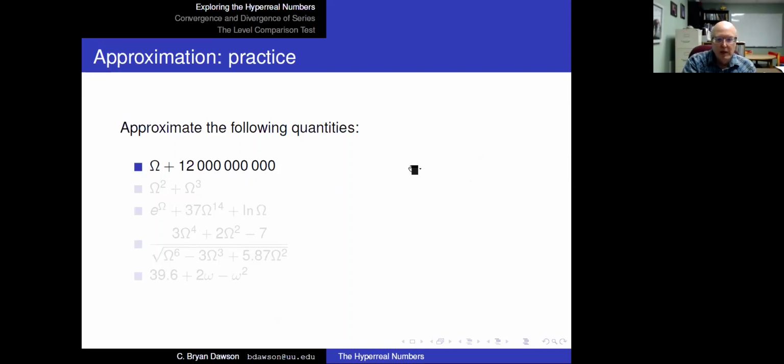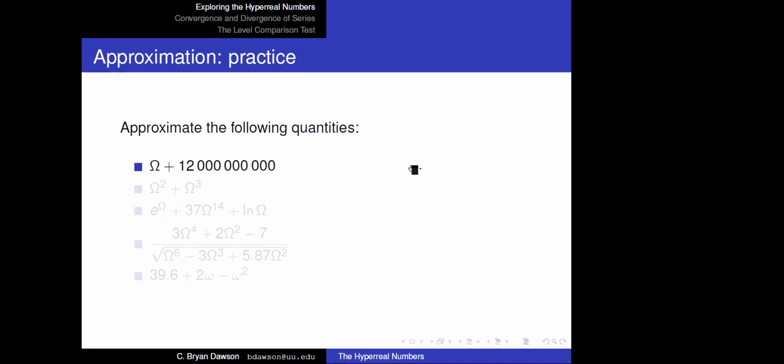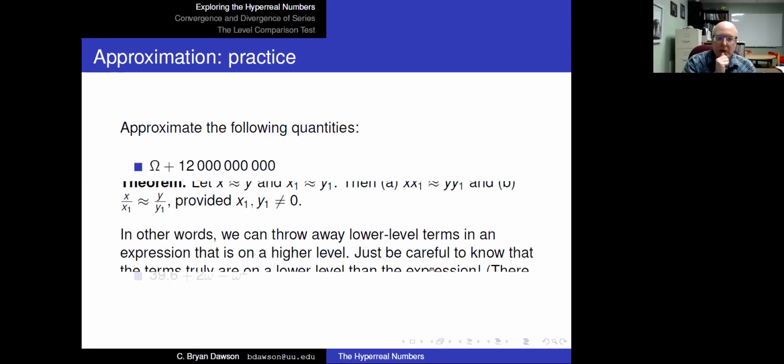So let's approximate these quantities. So capital omega plus, what would that be? 12 billion. So an infinite number plus a large real number. What would that be approximately equal to? Omega. Yes, it would be approximately equal to capital omega. What about capital omega squared plus capital omega cubed?